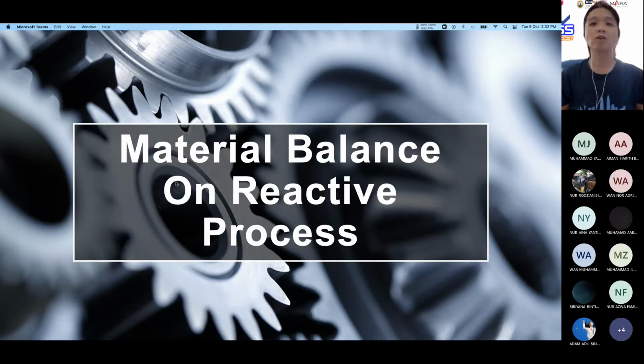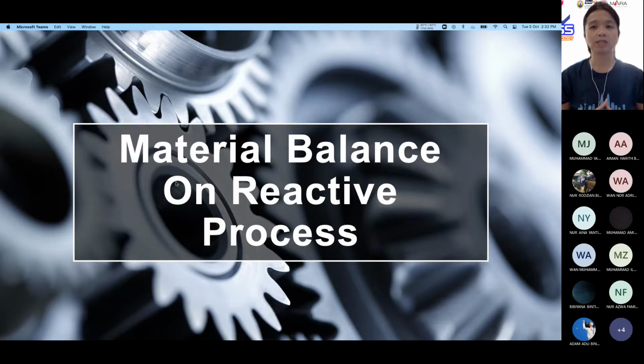Now, for reactive process, if you remember in CPP, you learned two methods of calculation. You must remember that reactive process calculation is completely different from non-reactive process. You can no longer use the same calculation approach as non-reactive process. Why?